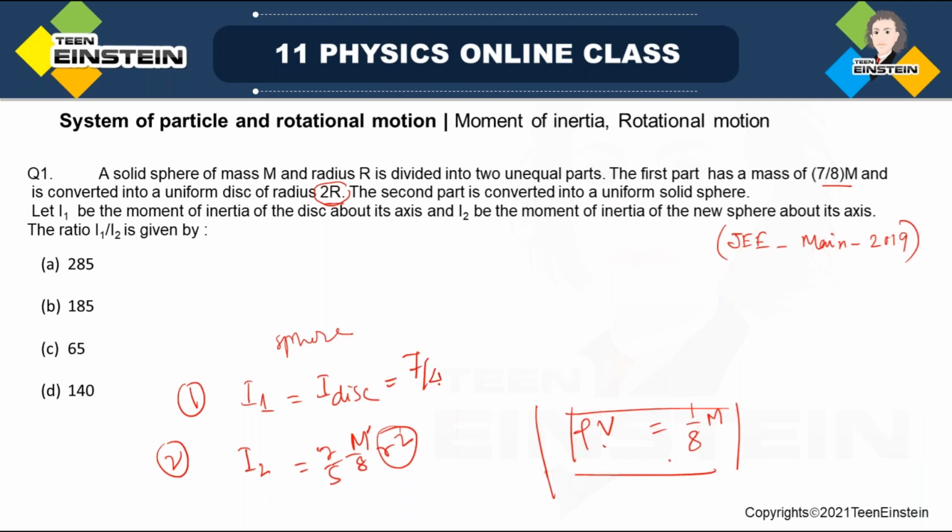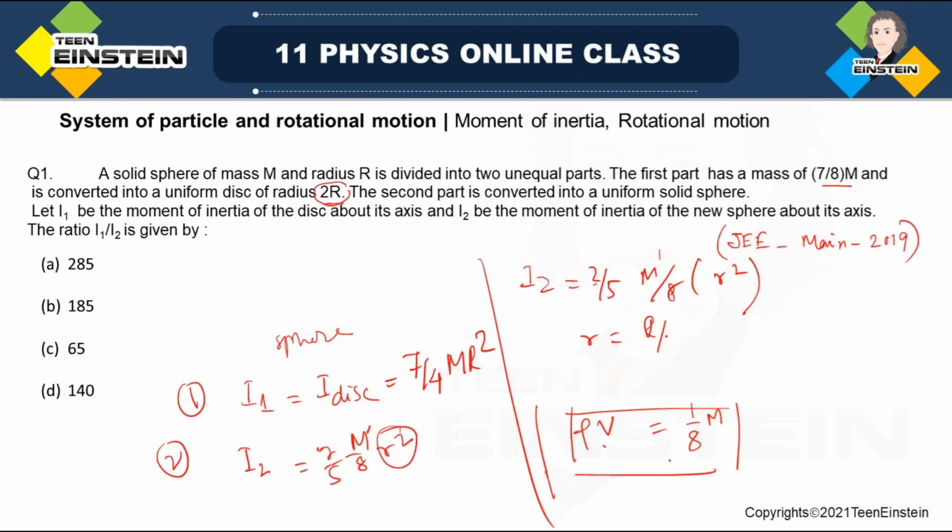For the disk, we already have this. So I2 is 2 by 5 m prime 8 small r square. So this r is given by capital R by 2.